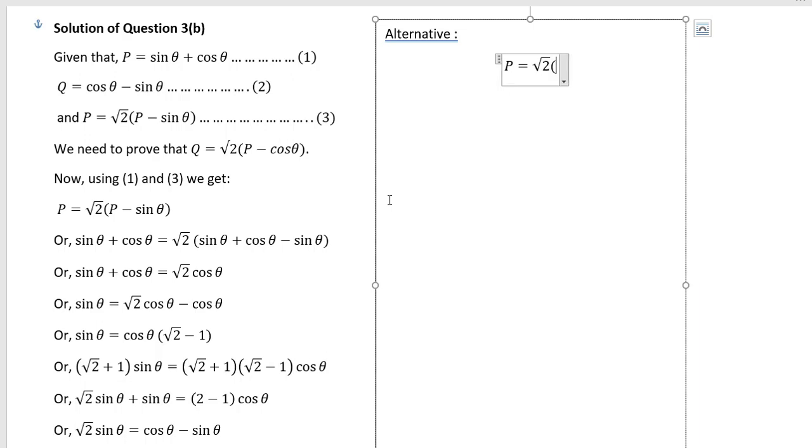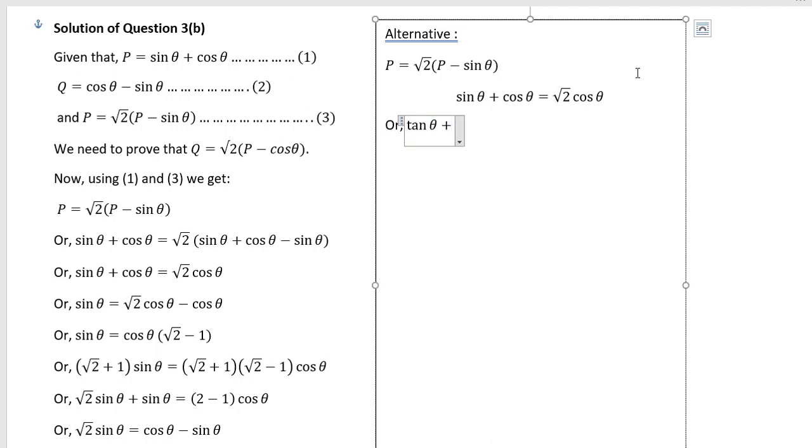Okay, we are given that p is equal to root 2 p minus sine theta, and sine theta plus cos theta is equal to root 2 cos theta. From here, p is equal to root 2 p minus sine theta. Putting the value of p, we get sine theta plus cos theta is equal to root 2 cos theta.